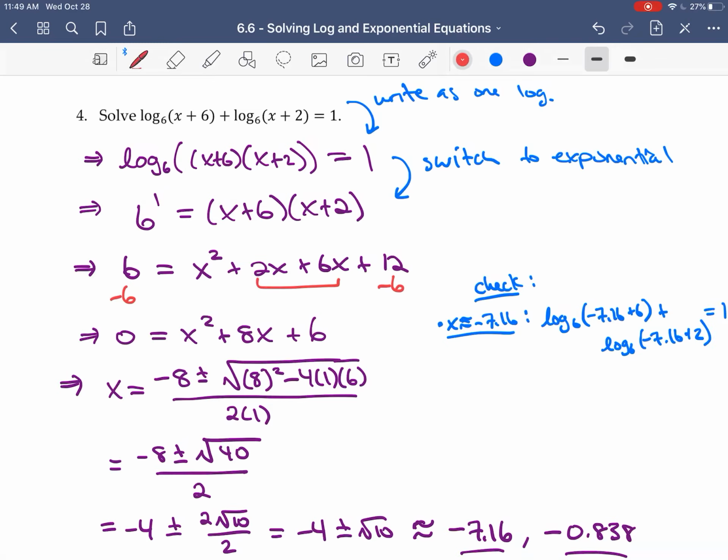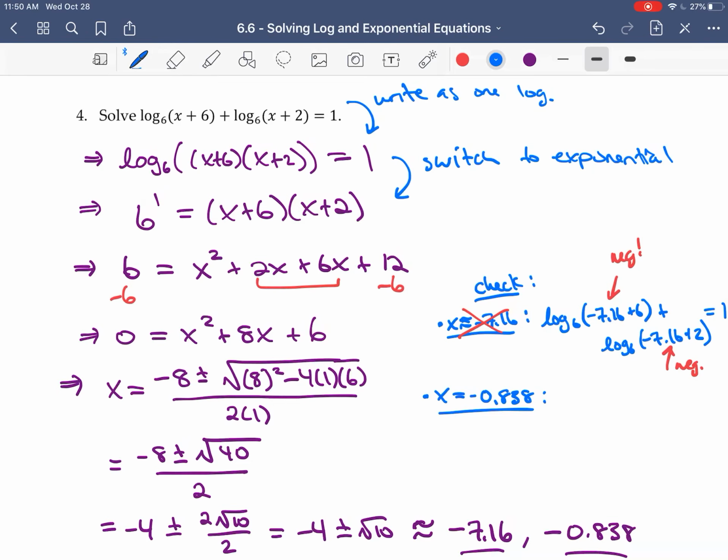And both of these are negative. So that one is also negative. That means they don't exist, so that's not a solution. Okay, but the other x value is also negative.